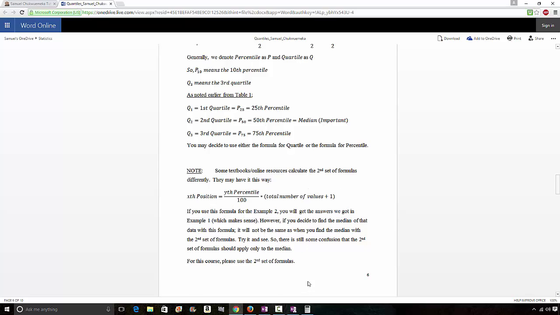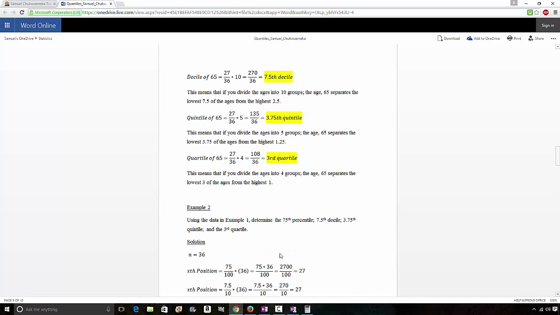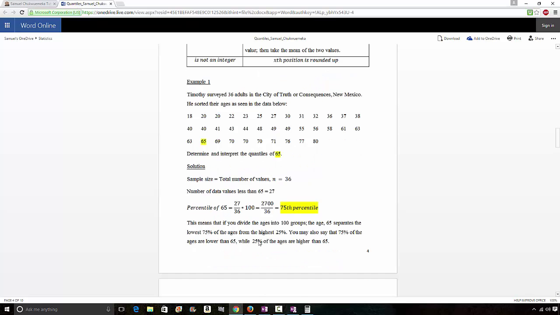Now, some people say, okay, you know what? This formula is good for everything besides the median. For the median, just do it the usual way. For this one, if we use this formula, then for this particular data set we will get 65 for this percentile.